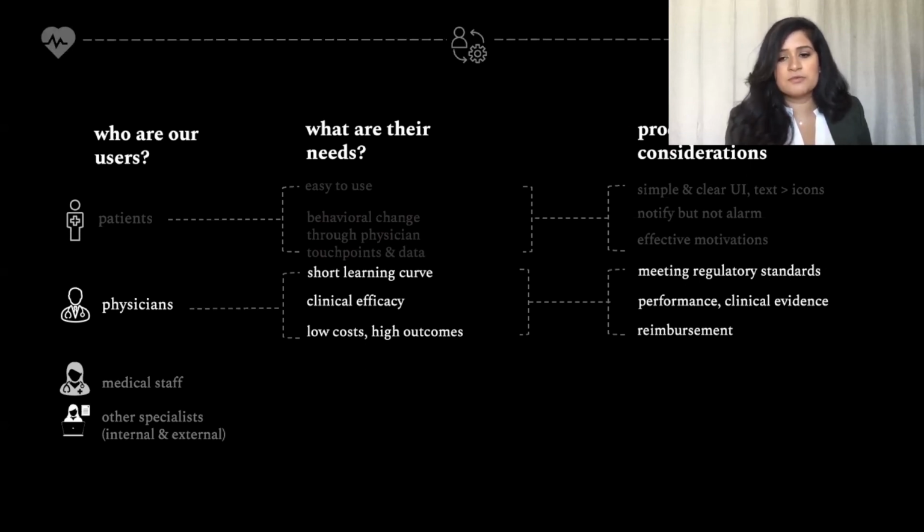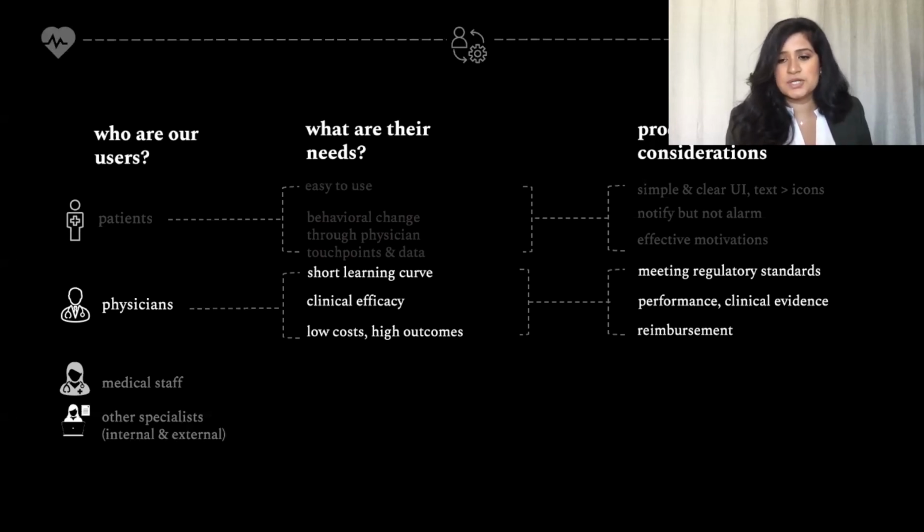So they're looking for ways in which you can prove that your product has higher clinical efficacy than an existing product that they might already be using. You also want to design products that have low costs and high outcomes. And as you can imagine, hospital practices are extremely cash sensitive, so they're not going to be investing money in a product unless they believe that it can have a high amount of outcomes on physicians and patients.